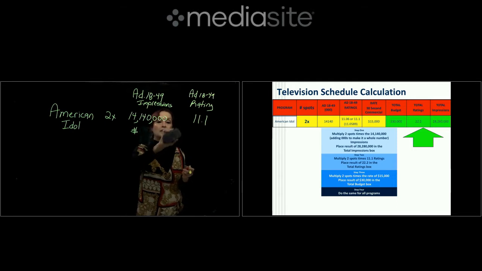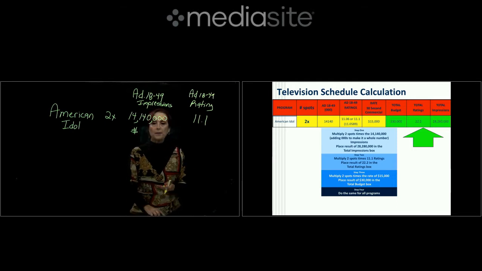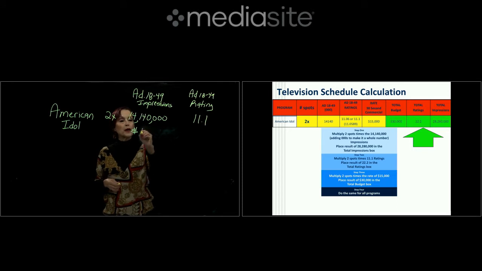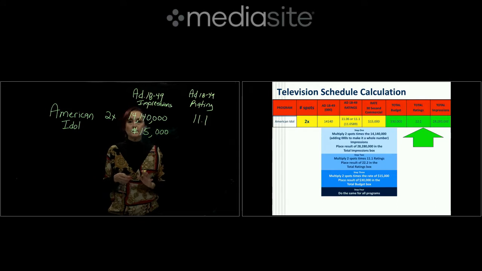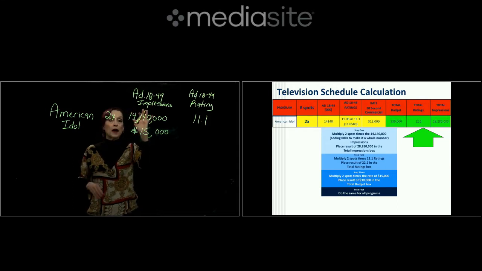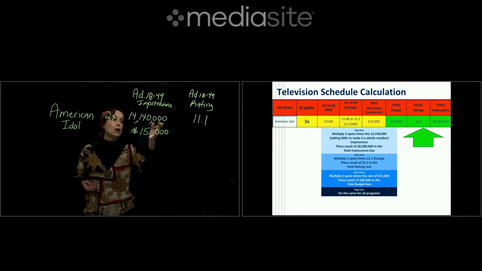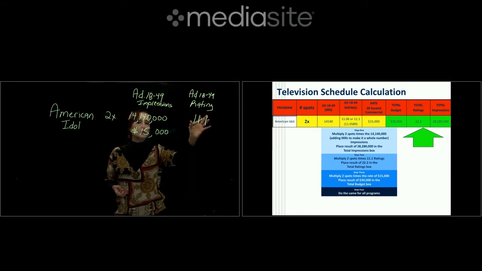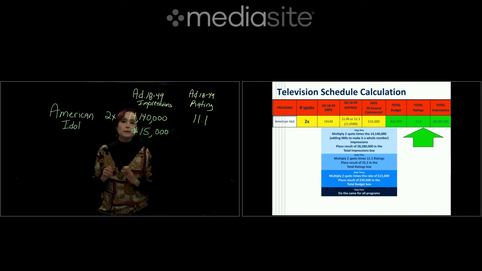So for every 30 seconds in this particular program, again, these are made up numbers, it is $15,000, okay? So remember, there's 2 spots scheduled for every delivery of 14,140,000. So every time that you see the program, there's 14,140,000 potential audience, and that equates to 11.1. So this is a very simple multiplication.